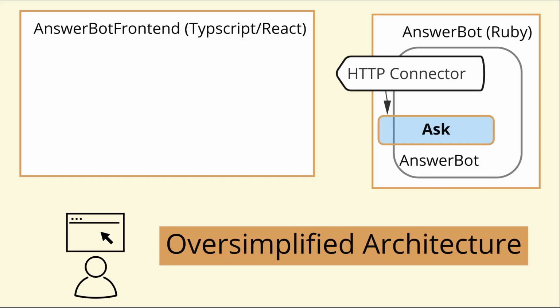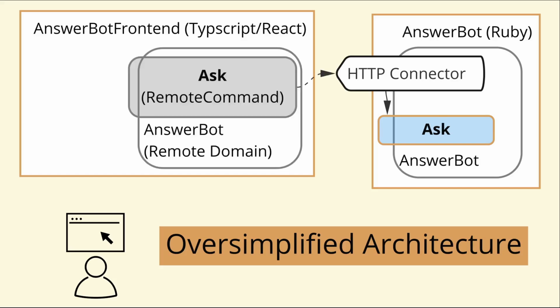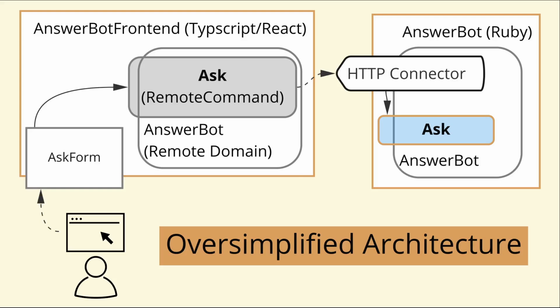We will import ask into the front end, and this will give us our remote command that we can call, and that will operate as a proxy to our command on the back end. And this is more detailed than necessary, but we will also create an ask form, and that will invoke ask, and that is what the user will be interacting with.